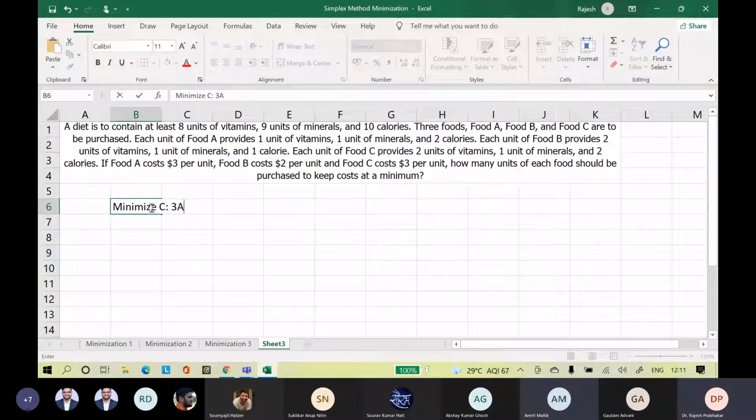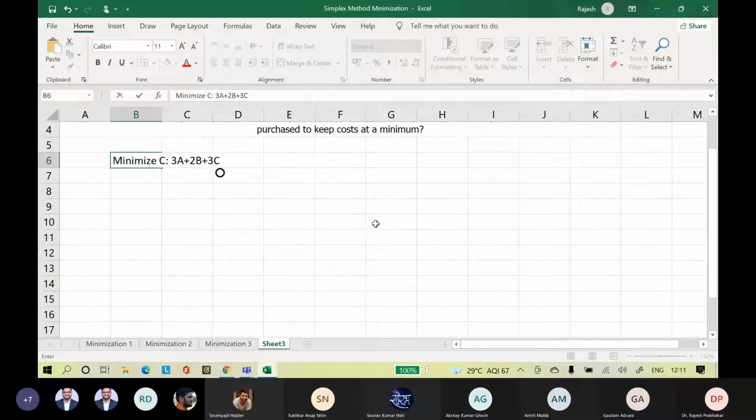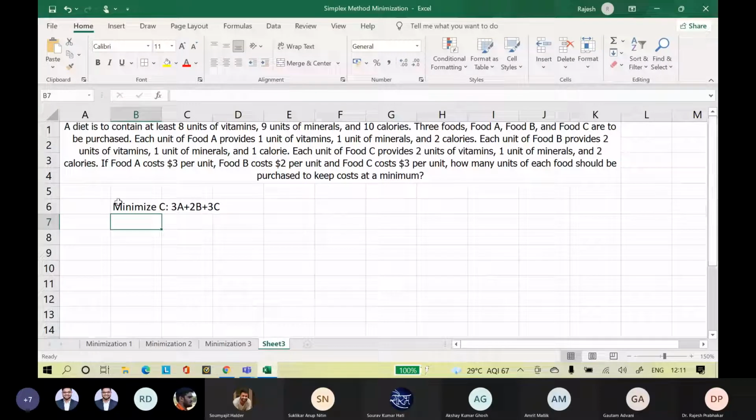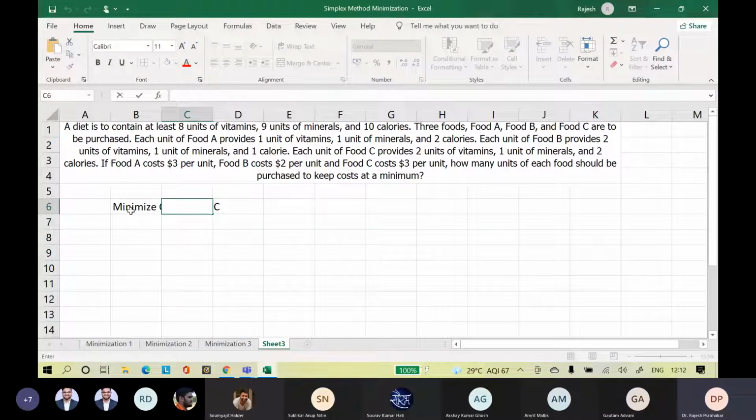So we can take 3a plus 2b plus 3, right? No, not 3a.